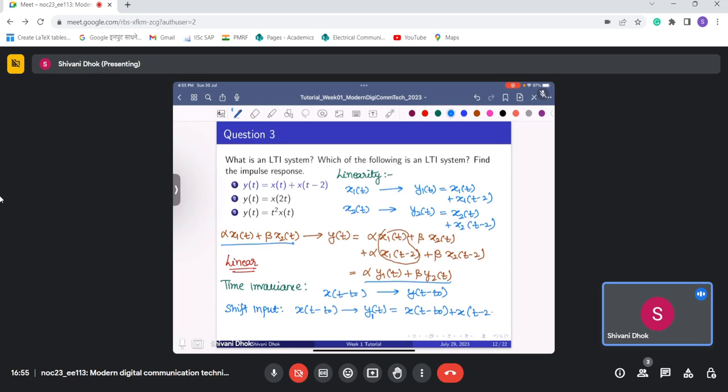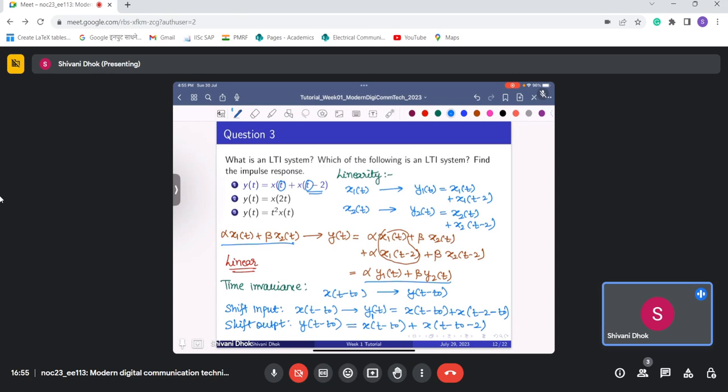This is the original argument, and we shift it by t0. Similarly, if I shift the output, that is y(t minus t0), then we replace all the t using t minus t0. So we have x(t minus t0) plus x(t minus t0 minus 2).